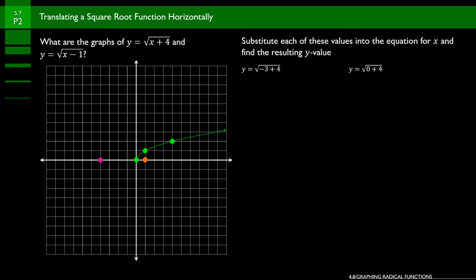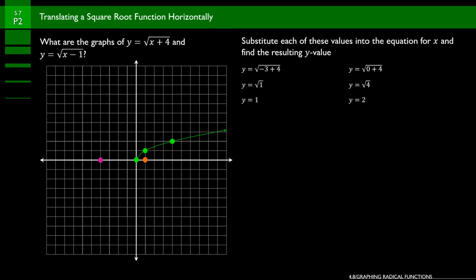Well, 4 minus 3. So you would want to put in negative 3 for x. Then what value of x is going to give me 4 for the radical? So what plus 4 equals 4? 0 plus 4 equals 4. So then you know that you're going to be using negative 3 and 0 as your x values.